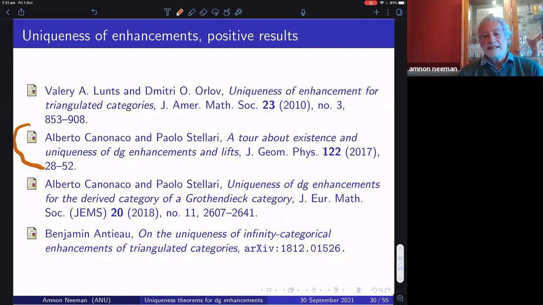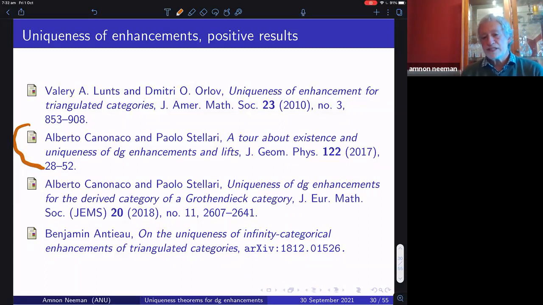Okay, so for the experts, the paper by Lunts and Orlov uses the techniques of compactly generated triangulated categories. The paper by Canonaco and Stellari improves the results by using the techniques of well-generated triangulated categories, whatever they are. So you can prove nice theorems using compact generation.